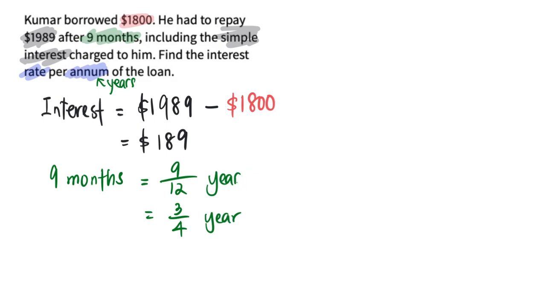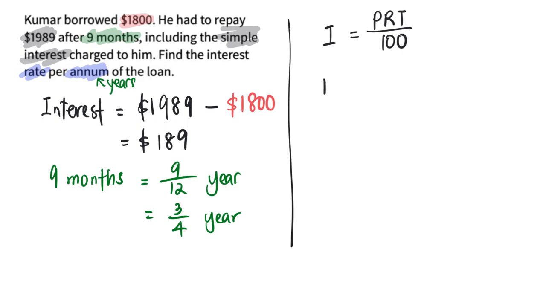I can tap on what I've learned previously, because I now know that interest is equal to P times R times T over 100. I know my interest, 189. I know my P, 1,800. I'm supposed to find my R. And I know my time, 3/4, and this will be over 100.